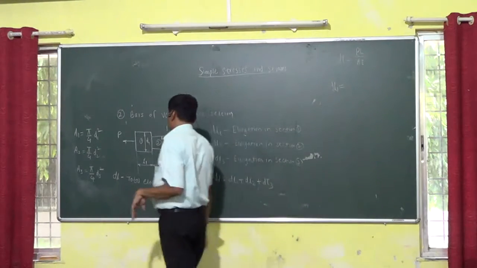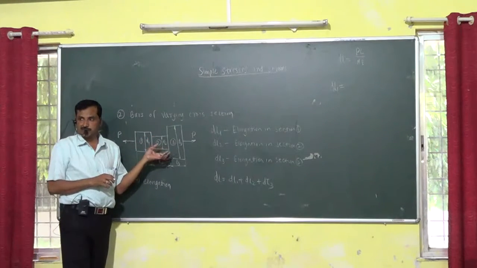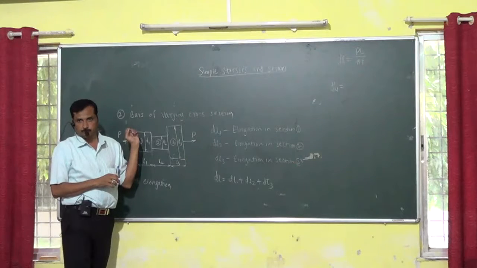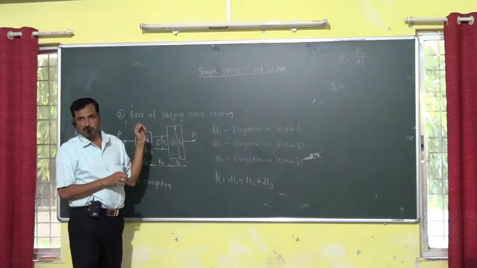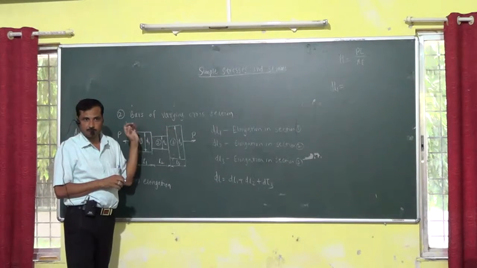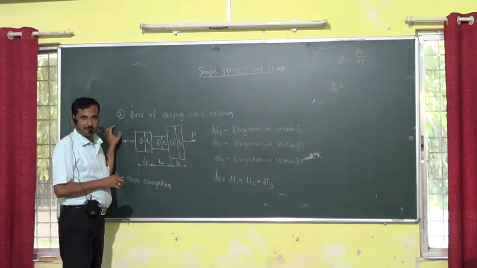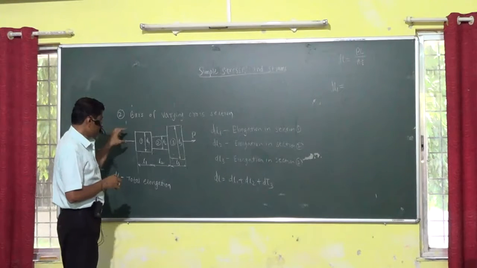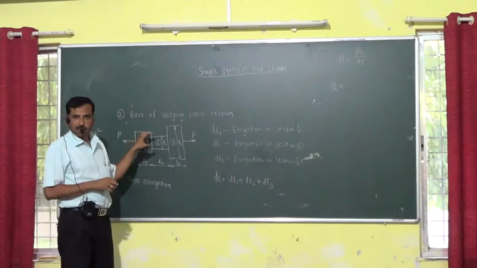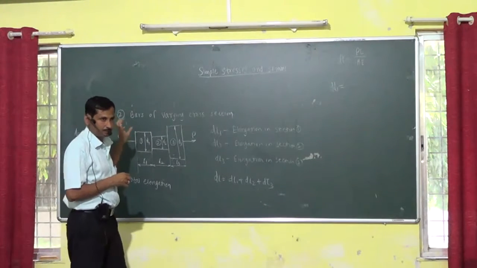If section 1, section 2 and section 3 consist of the same material, then Young's modulus will be the same for all sections. As force is P, P remains the same, and Young's modulus E is the same.